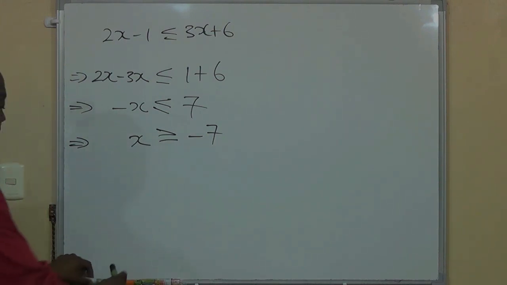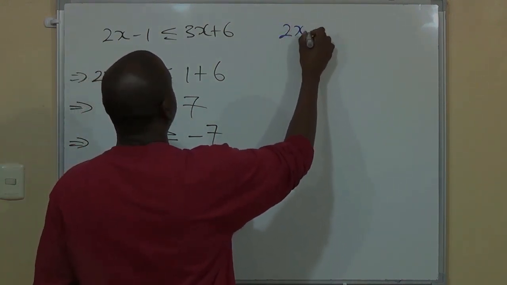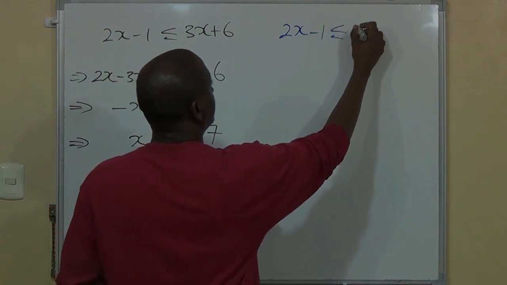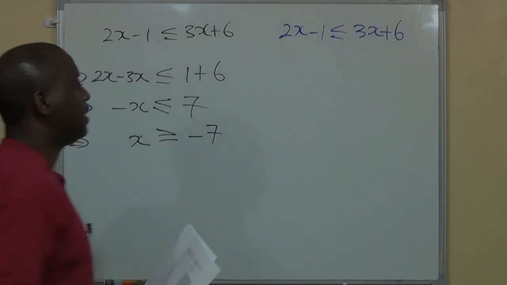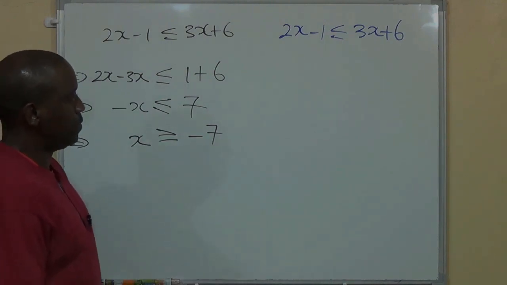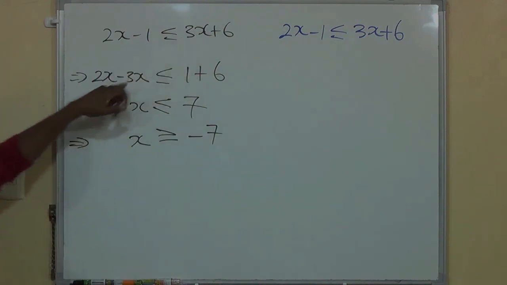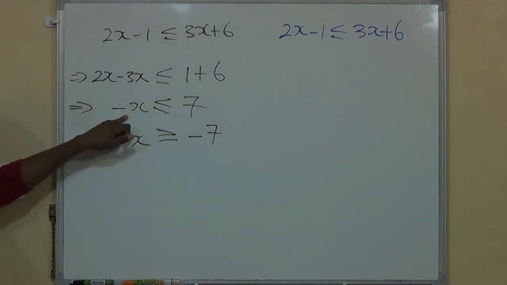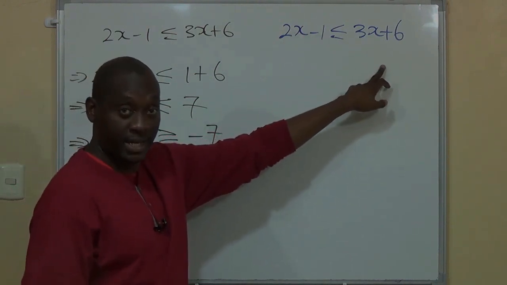Now I could work this in another form as well. Starting with the same inequality, 2x minus 1 less than or equal to 3x plus 6, instead of bringing the 3x across here to get minus x, I could take the 2x and bring it across here.